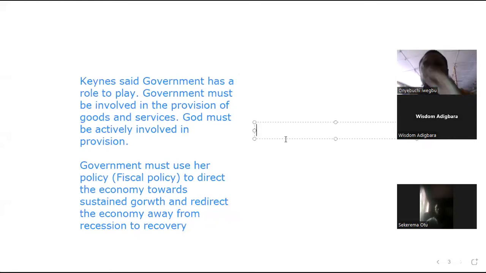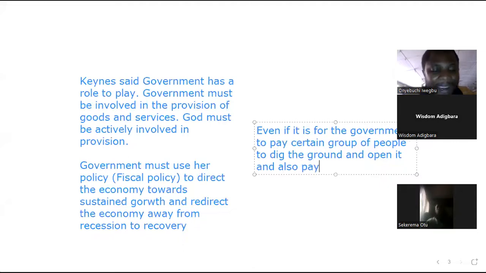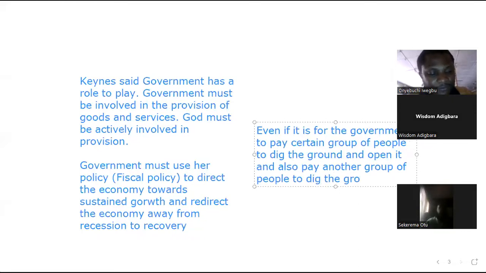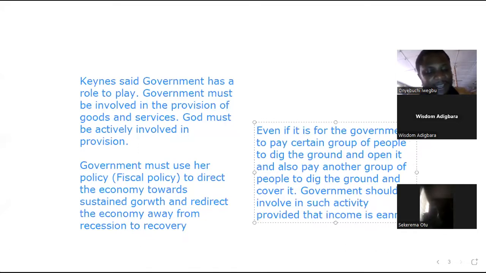Keynes made a profound statement and said, even if it is for the government to pay a certain group of people to dig the ground and open it, and also pay another group of people to dig the ground and cover it, government should involve in such activity, provided that income is earned by what?